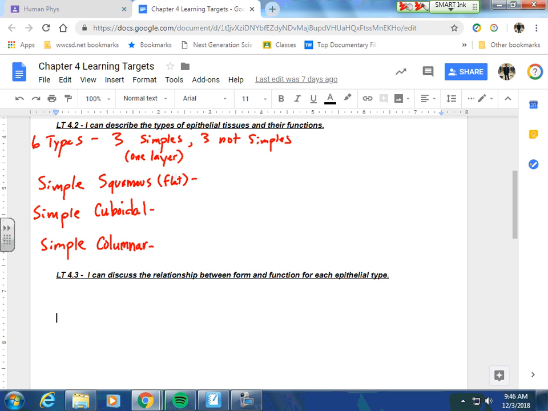So our 3 not simple. We could go right along with this list of shapes and say stratified, but this is where there's a little bit of a change. Out of the 6 types, did we study stratified squamous? Yes. Stratified means more than one layer.